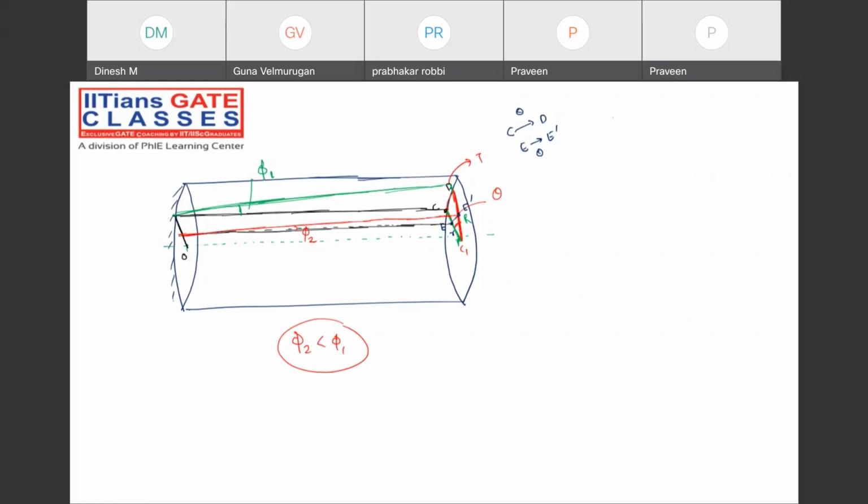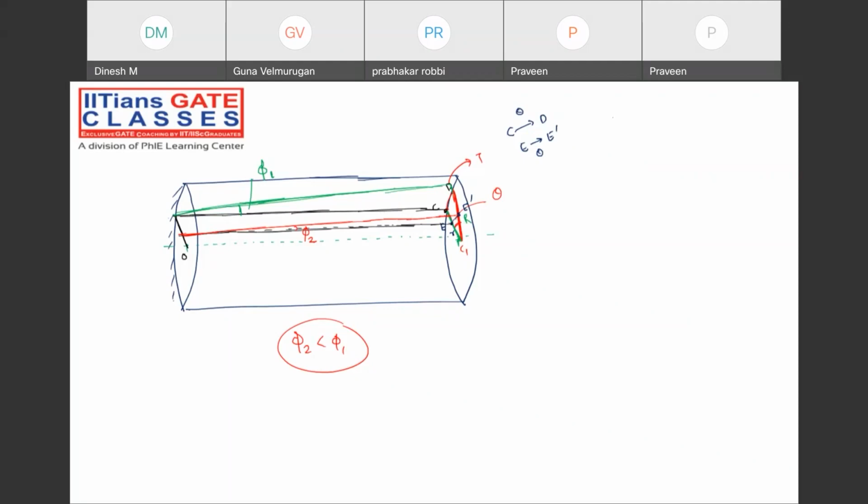Check it out, all of you. Look very carefully, and let me know once the figure is clear. You can see that the angle is very, very small as compared to phi 1.